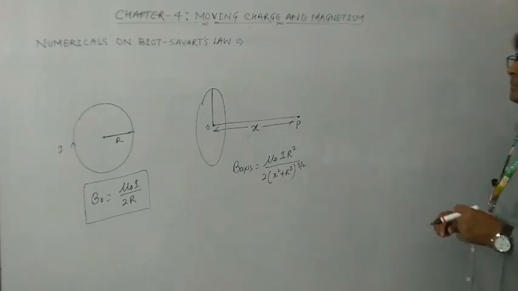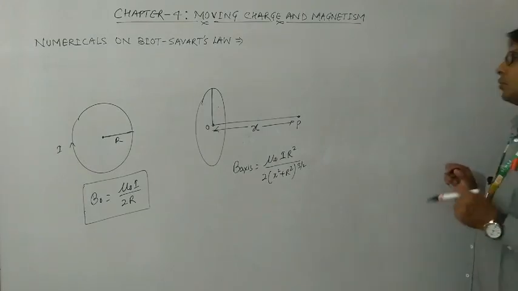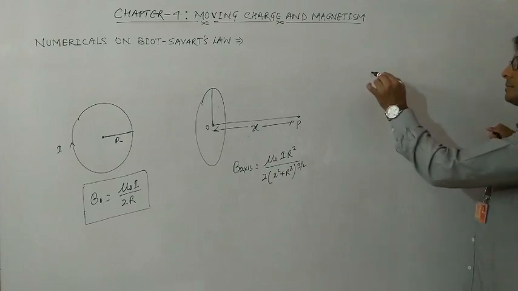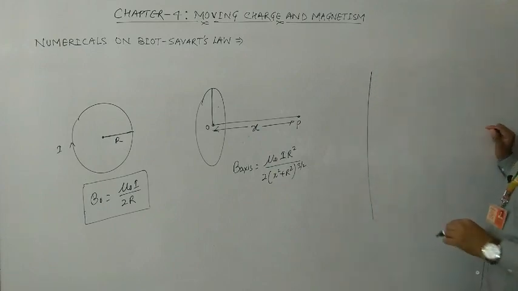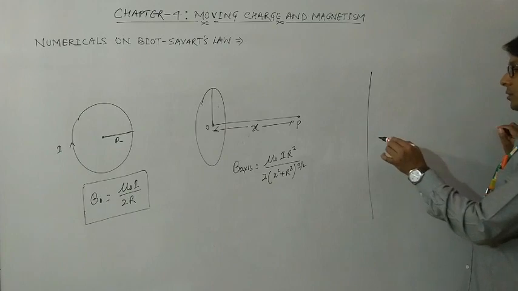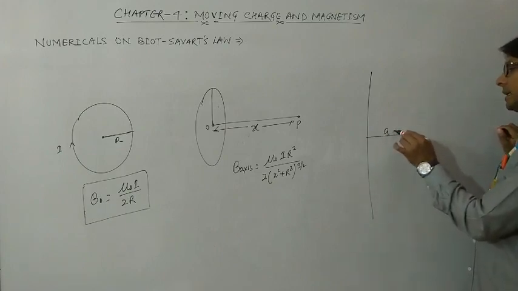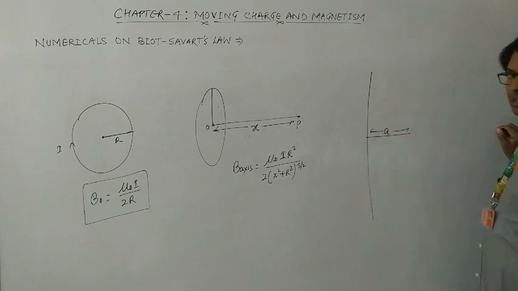And the third derivation was the magnetic field due to a straight current carrying conductor of finite length at a perpendicular distance a.